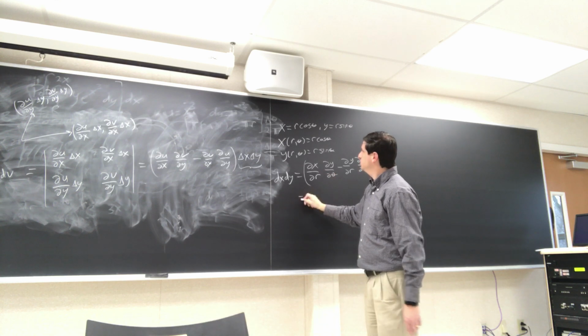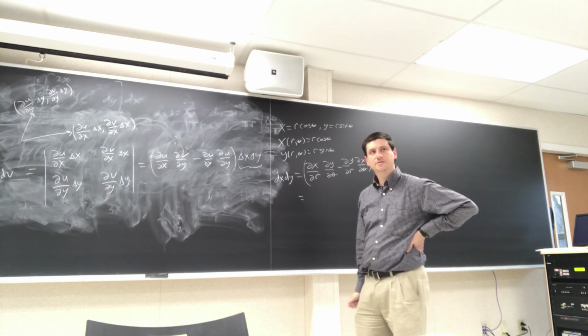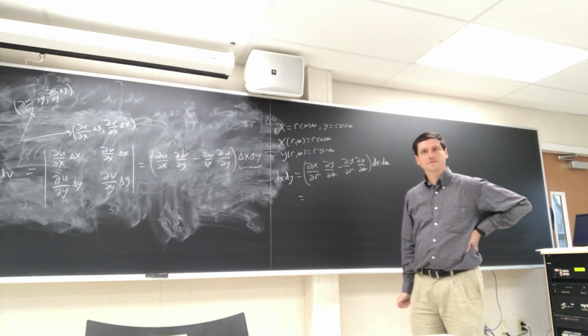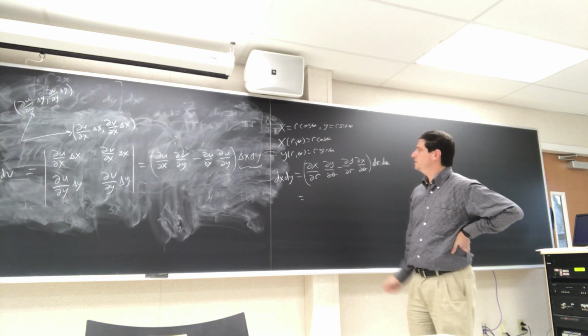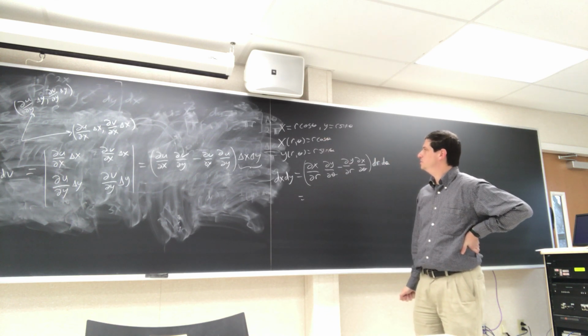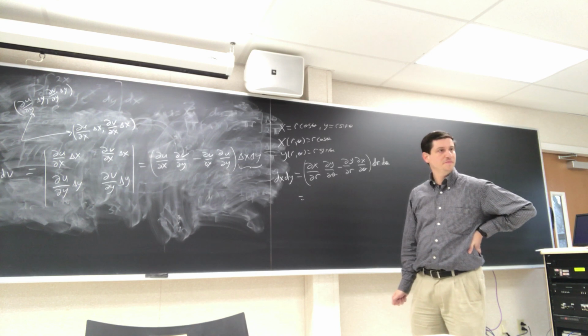All right. What's the derivative of x with respect to r? So I've got x is r cosine theta. What's the derivative of x with respect to r?